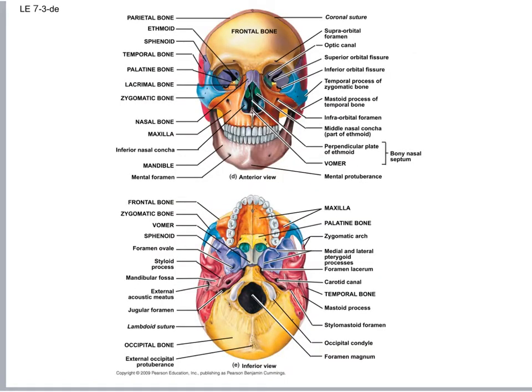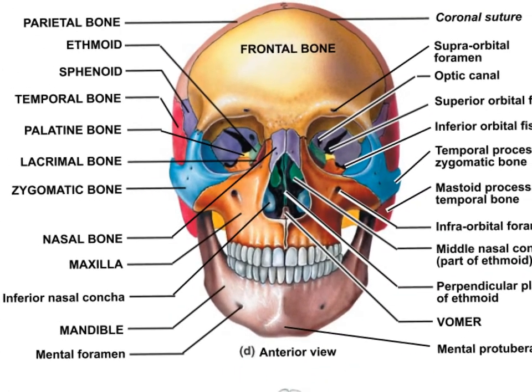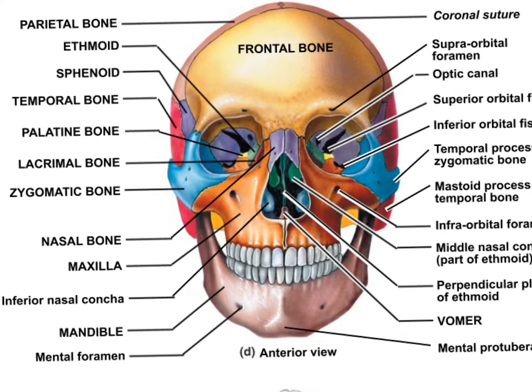Now let's take a look at some of the points on the cranial bones that you have to know. So here's the sphenoid bone again, right here. It's the one in purple, so you can see it on the temple area. It goes all the way across.